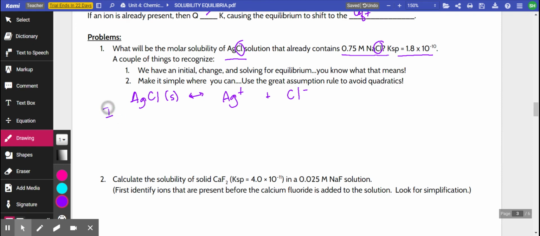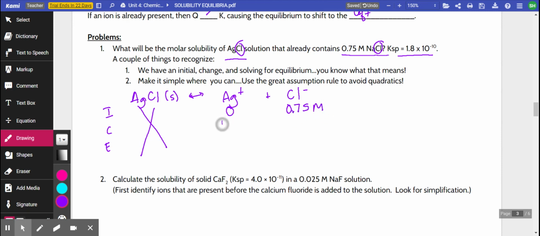So I'm going to have an initial, a change, and an equilibrium. Since this is a solid, I'm just going to X that out. I don't need that. So the initial of silver is 0. The initial solution has 0 silver ions in it. But my initial solution has 0.75 molar chloride ions.